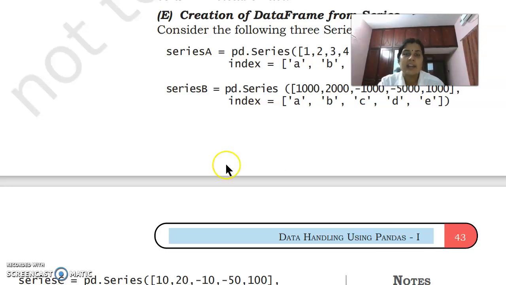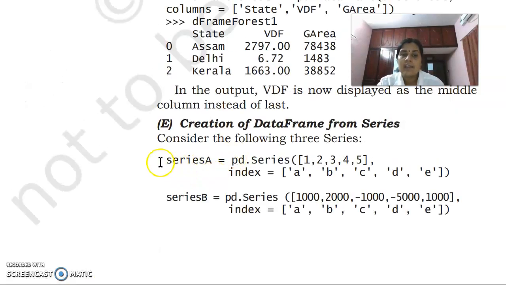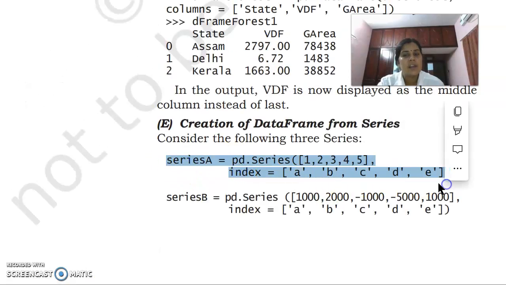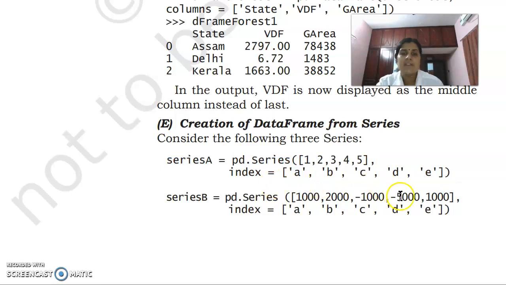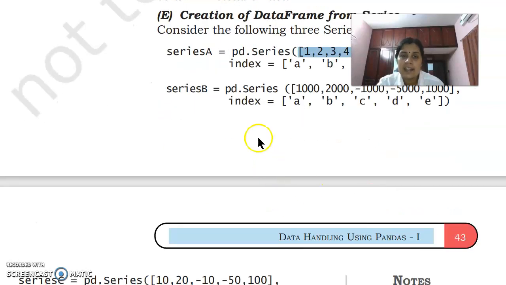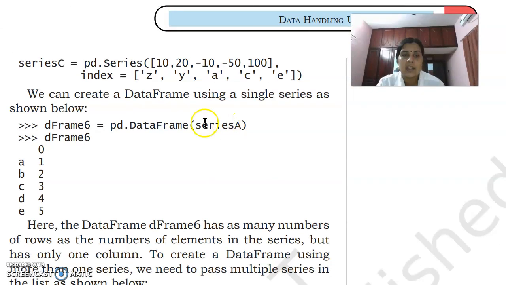Then creation of data frame from series. How can we create a series? We are using pandas object, and we can use any method, like we can use list, we can use dictionary, we can use array. Here a series is created, like we already discussed how to create series by using an array, and its index is a b c d e. Series B is also created, series C is also created.